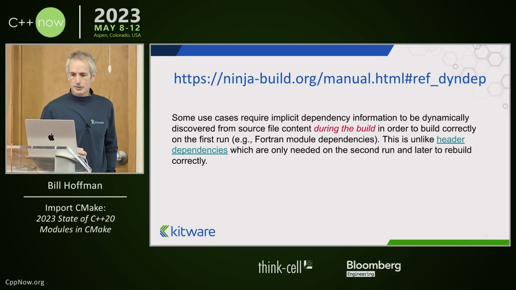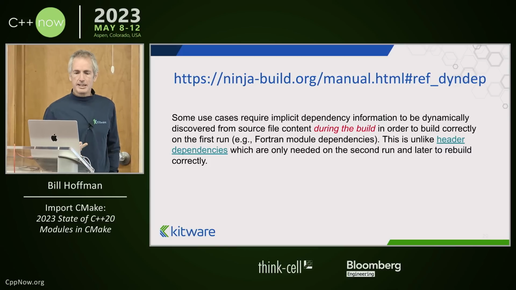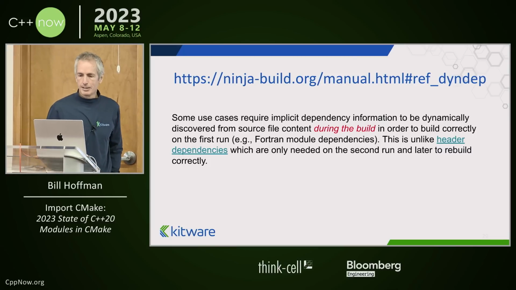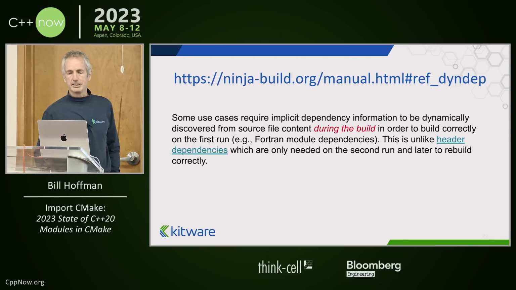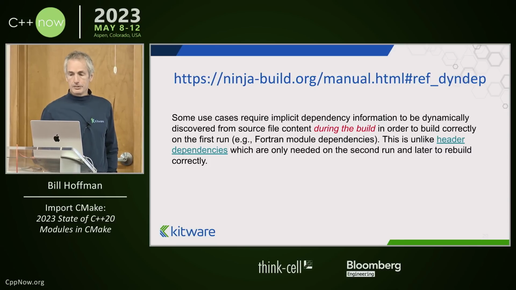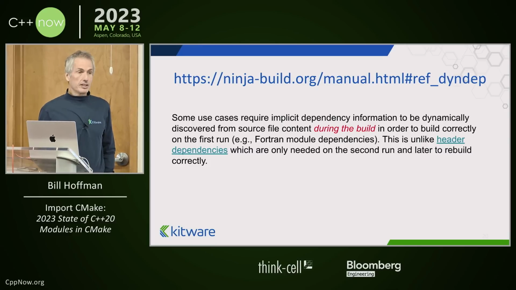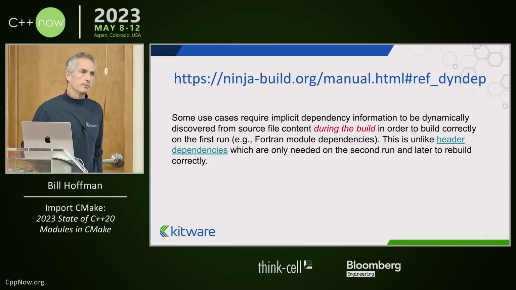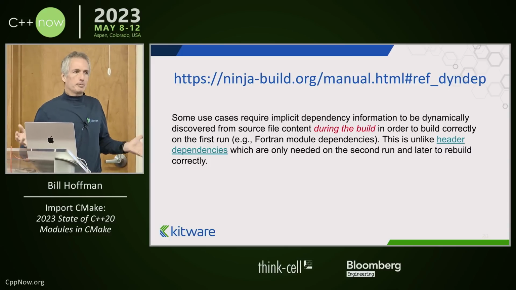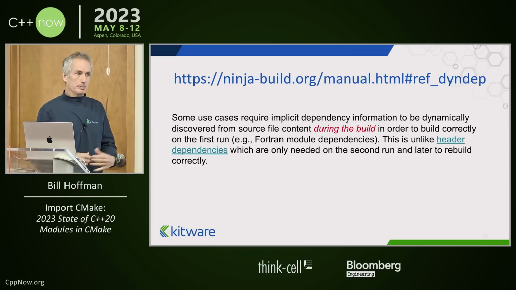And this allows for dependency information to be dynamically discovered from the source file content during the build in order to order the build correctly. So this is unlike header dependencies, which are only needed on the second run or later to rebuild correctly. So the first time you're building on a completely new tree, before you just needed to build all the object files.